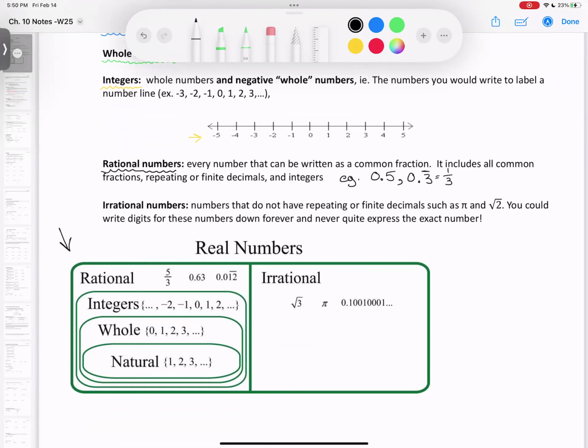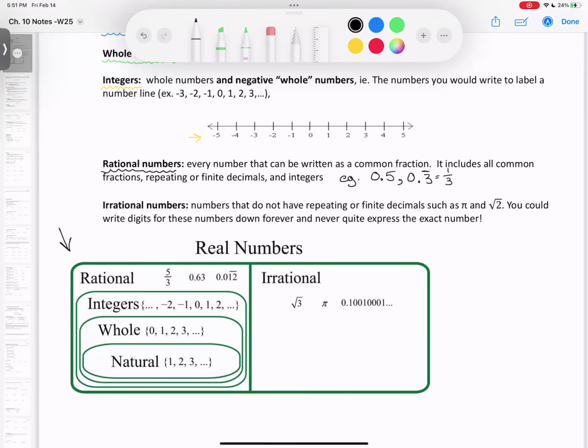When you add in the integers, it includes all the whole numbers, but then also includes the negatives. So -1, -2, and so on. And then the rational numbers are going to include everything in those other three groups, but also a whole bunch of fractions. So any number that can be expressed as a fraction, so that can have a finite decimal, or it can have a repeating decimal.